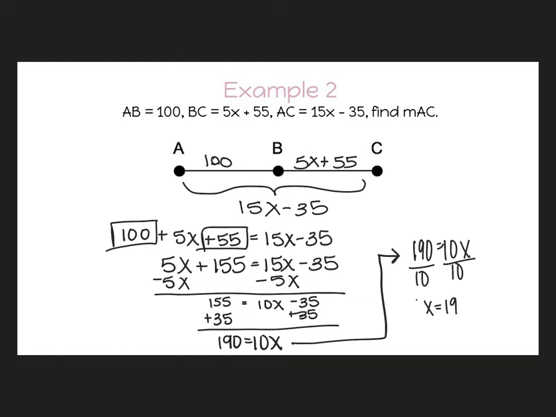Again, you want to go back and read the original problem. So this time, it says find the measure of AC. This equation right here represents AC, and so we'll take our value for x, so 19, and we'll plug it in for x. And you should get 250.